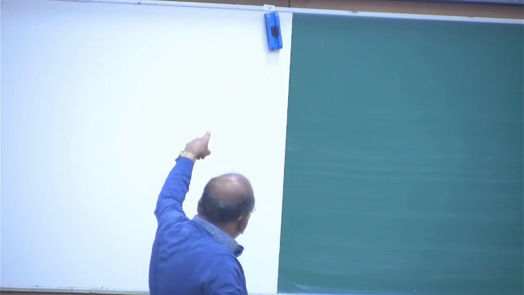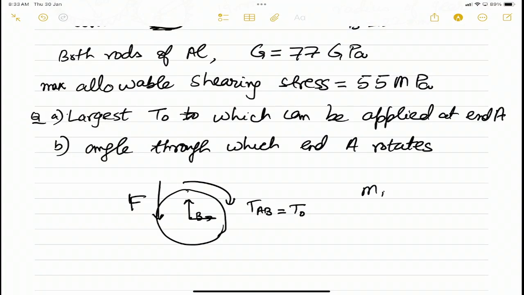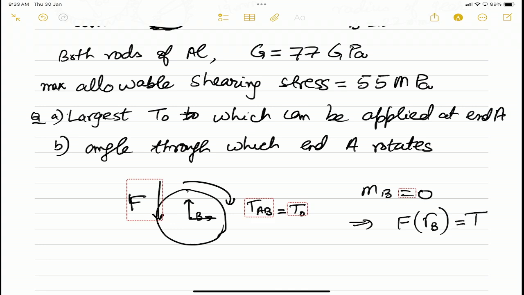We put a force F. Now, if I take moments about B is equal to 0, what do I get? F times radius at B is equal to T0.